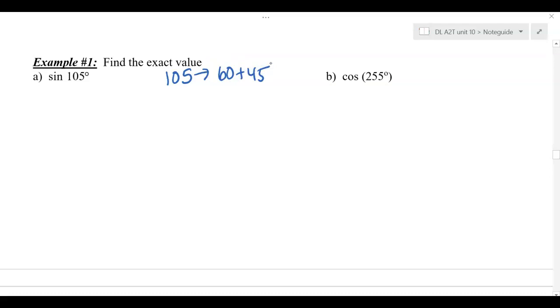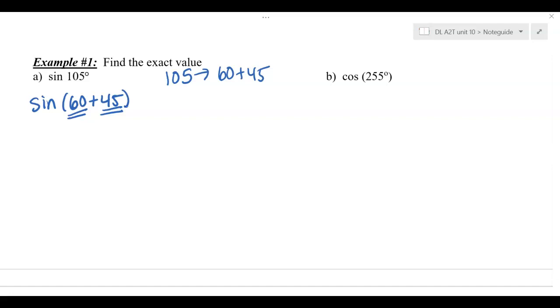And so if I think of 105 as 60 plus 45 and split it up, the sine formula just uses the alpha angle and the beta angle, meaning it would have all things that were either calculations of a 60-degree angle or a 45, and I could figure those out.